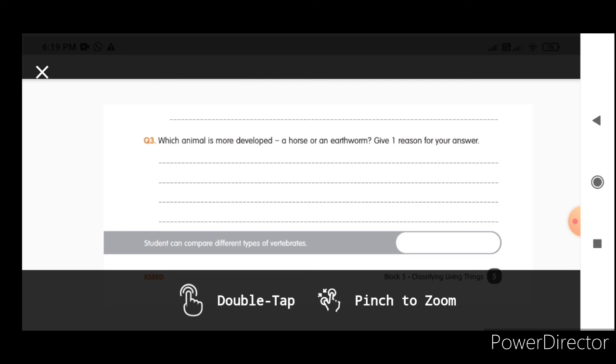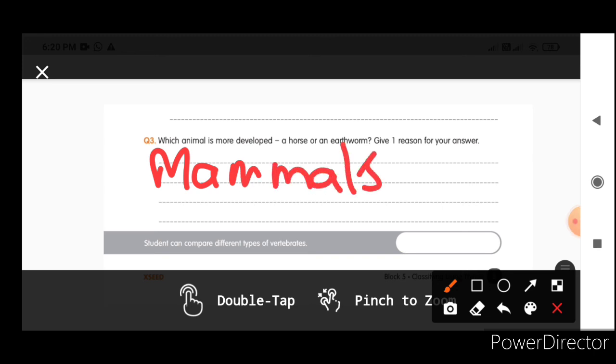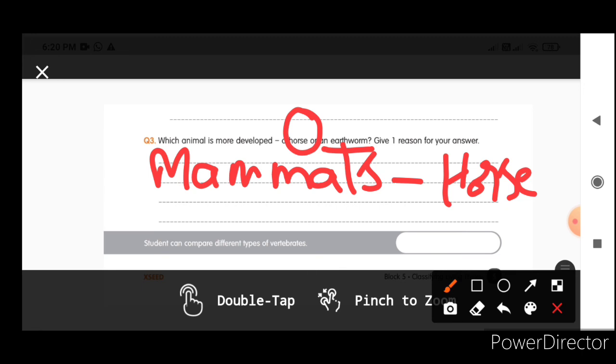Which animal is more developed, a horse or an earthworm? Give one reason for your answer. You know very well mammals are very well developed. So in these two animals, horse and earthworm, which one is a mammal? Horse is a mammal because it gives birth to babies.